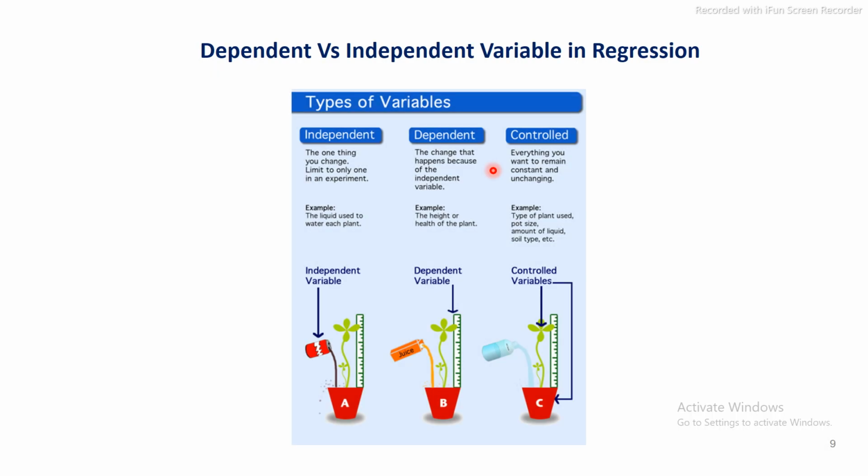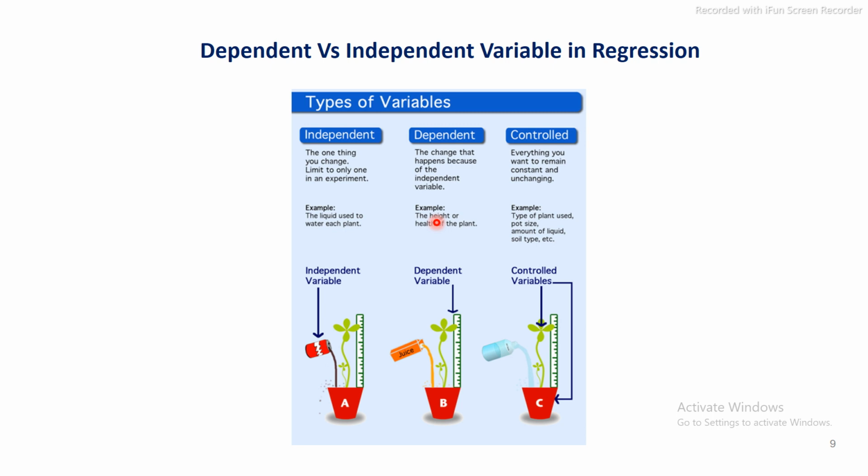For example, you might have seen different variables, sometimes we call it a dependent. For example, the height of a plant. That depends on how much water you put, and how much, let's say, fertilizer you put on the plant.